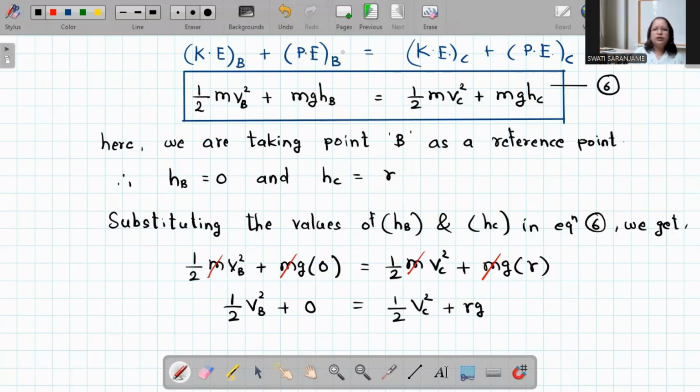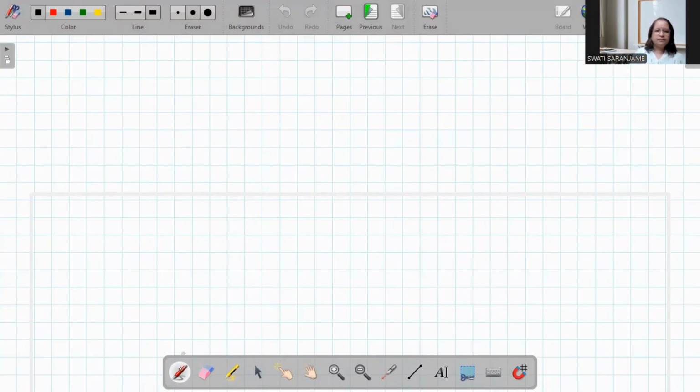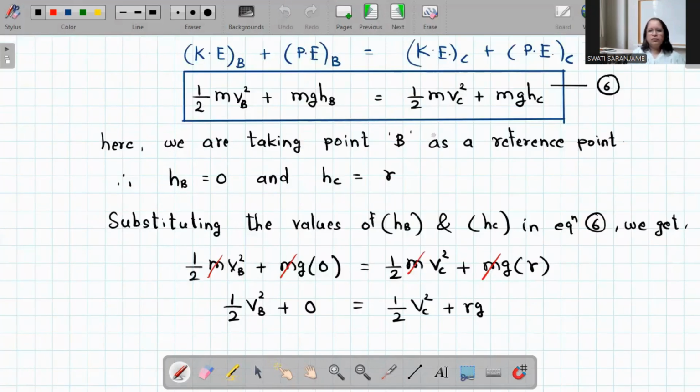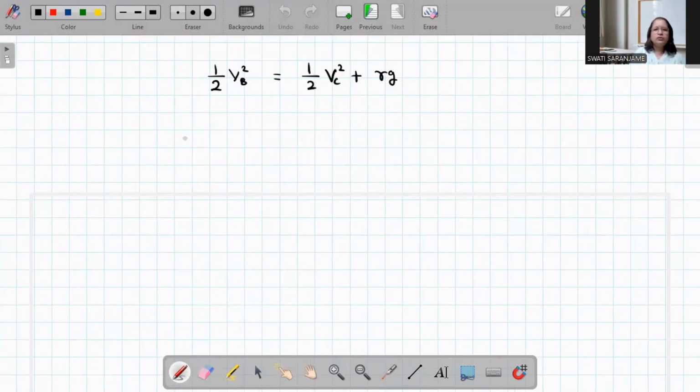So what remains is half VB square is equal to half VC square plus RG. In a nice format, it is written as VB square by 2 equals VC square by 2 plus RG.